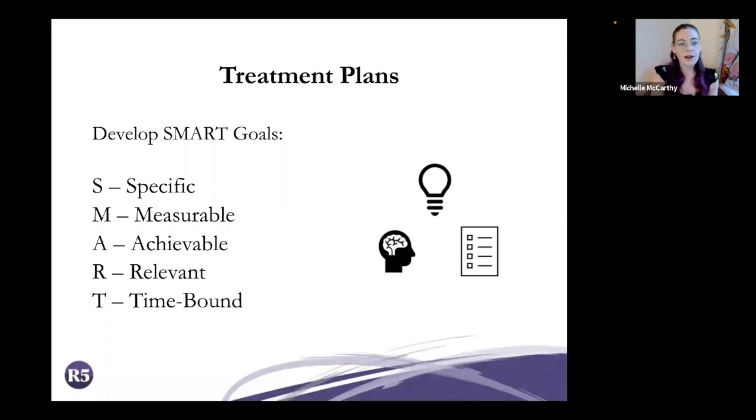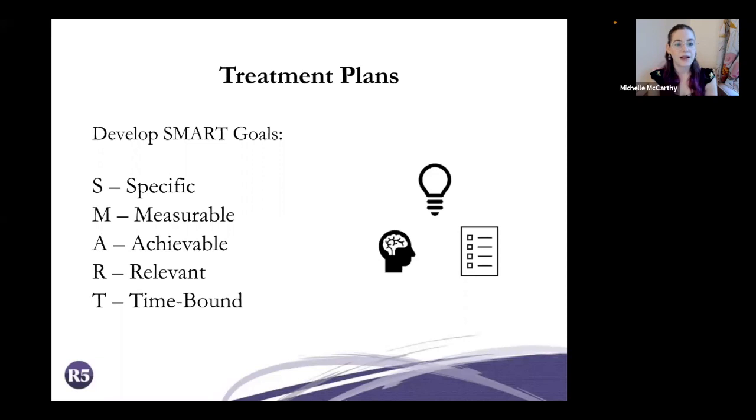So I try and make my objective very specific. We can be specific in that we're going to work on coping skills or even work on, let's say, mindfulness techniques. That's a specific type of coping skill. But if I just leave it there, it's like, okay, when?